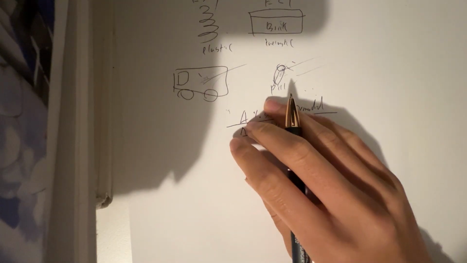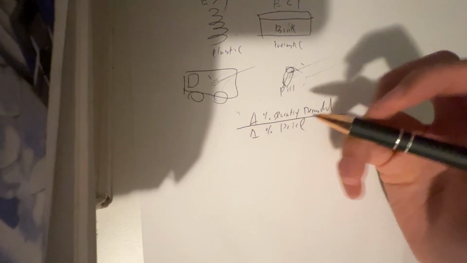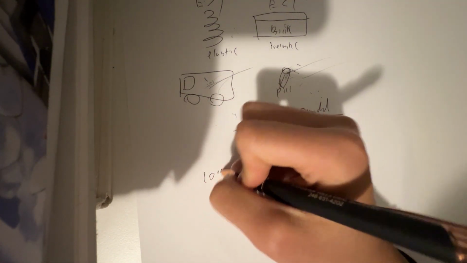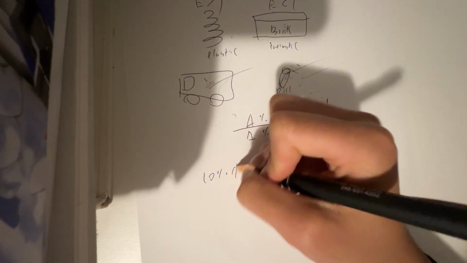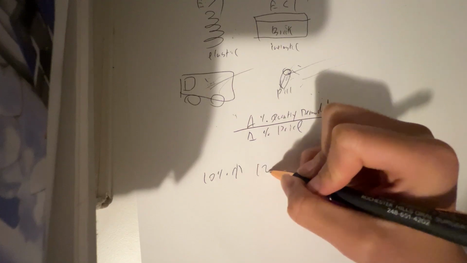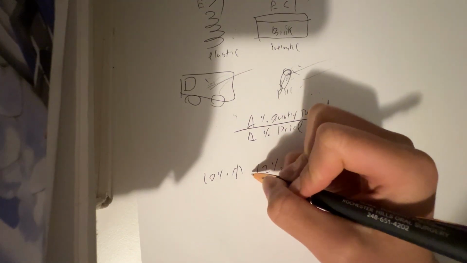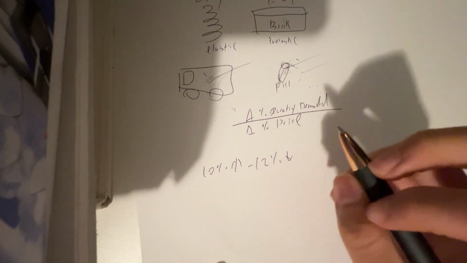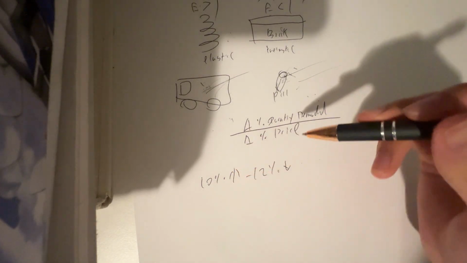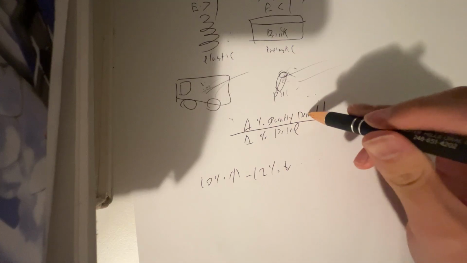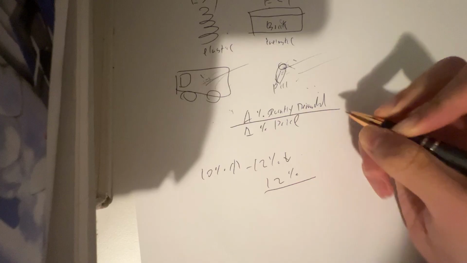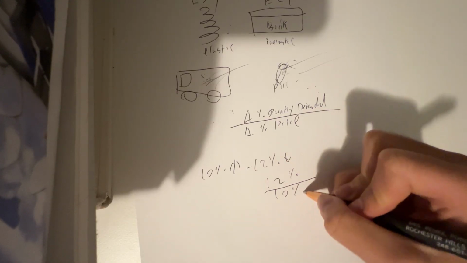Now, for example, if a store raises a product's price by 10% and the quantity sold falls by 12%, so -12, then this is the quantity demanded, 12%, and this is the 10% change in price.